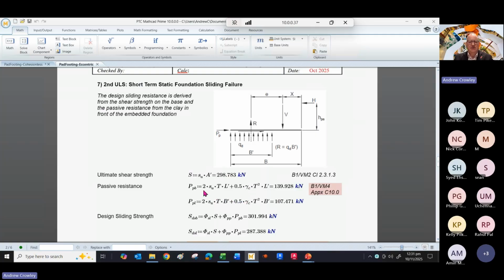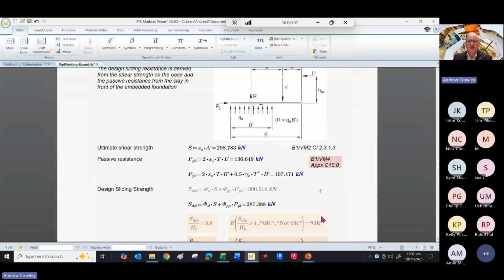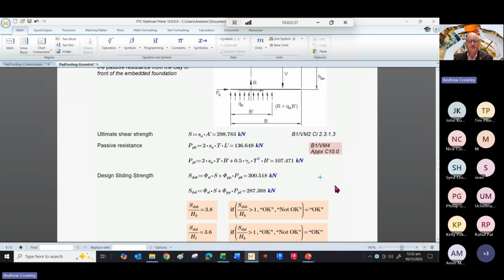And again, this is the cohesion multiplied by the thickness divided by the length. And then you've got your resistance given by B1 VM4. Again, if you want to be conservative, take that out in both cases and see if you're still okay.